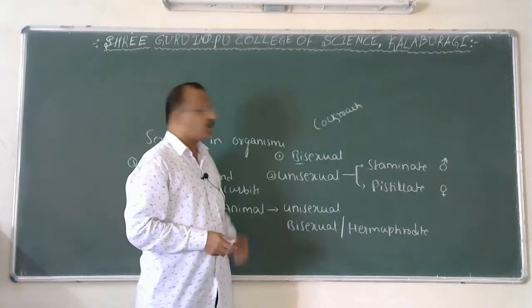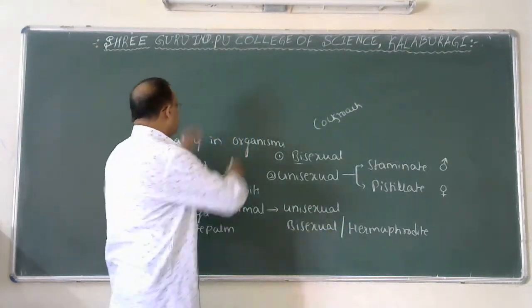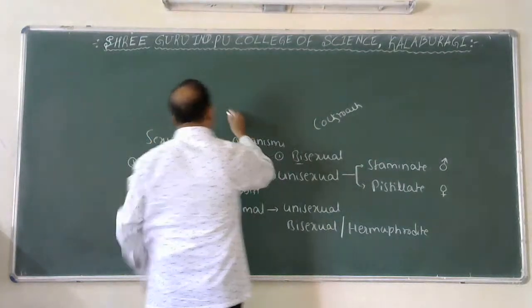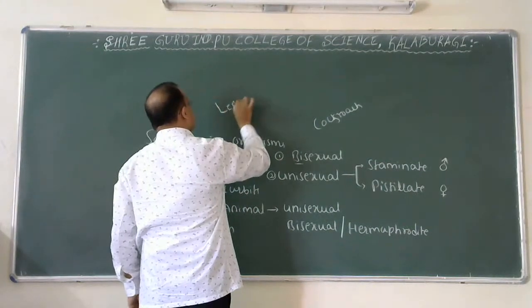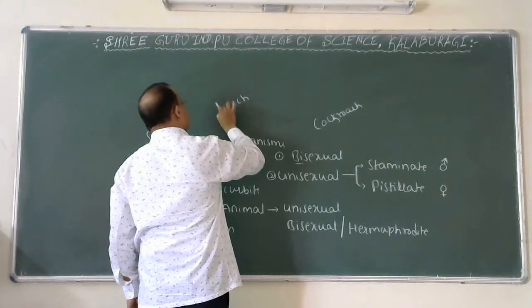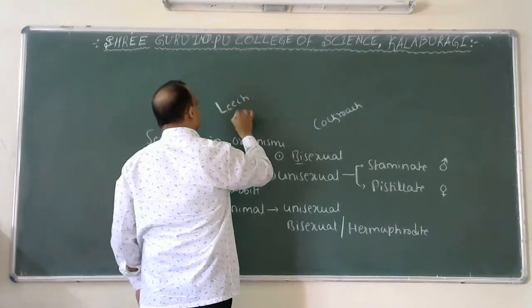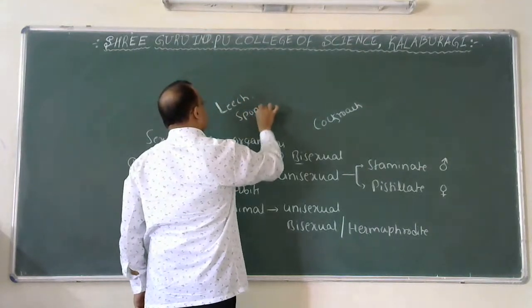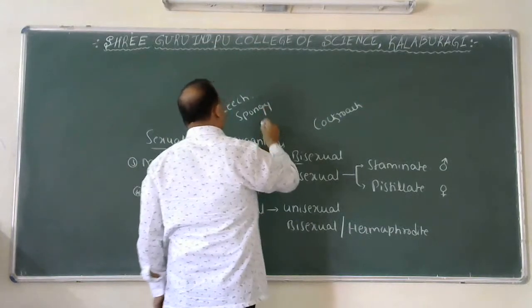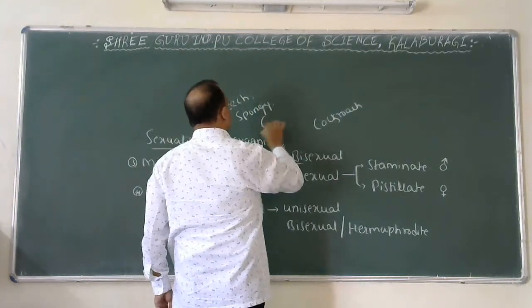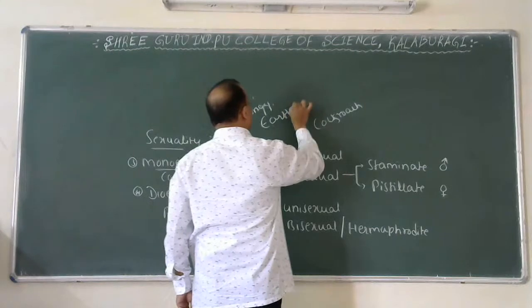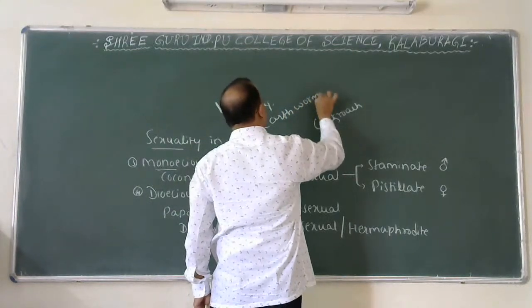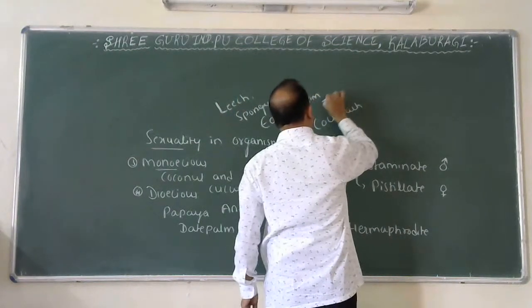Many examples are quoted in your NCERT book, including leeches, sponges, earthworm, tapeworms.